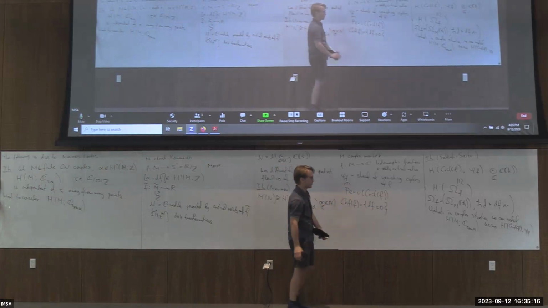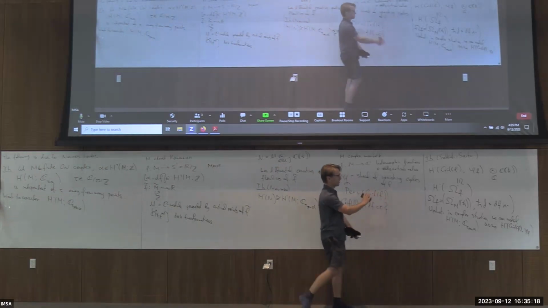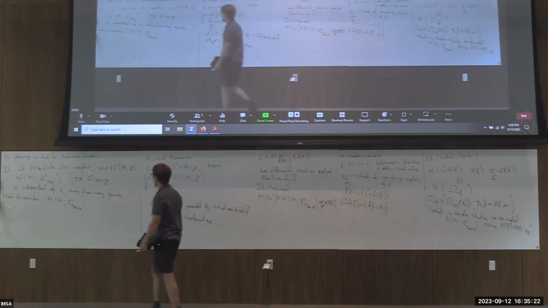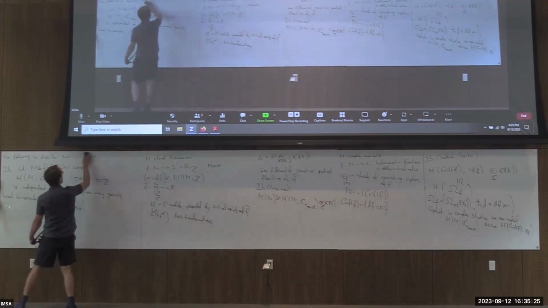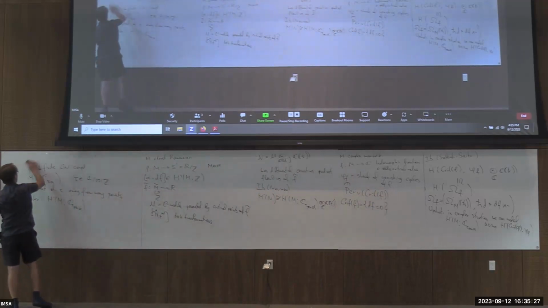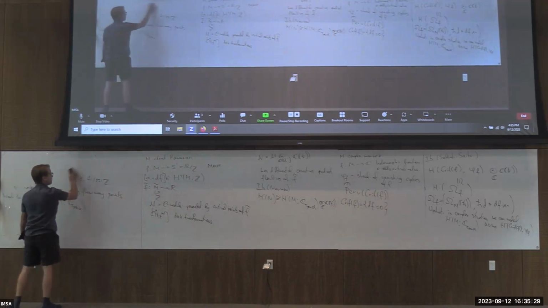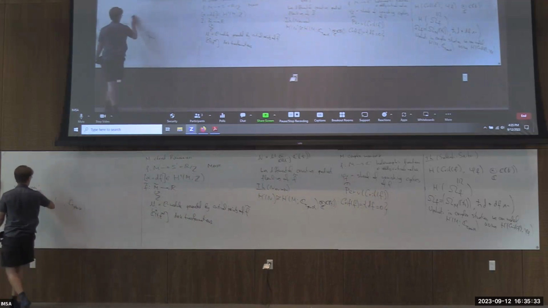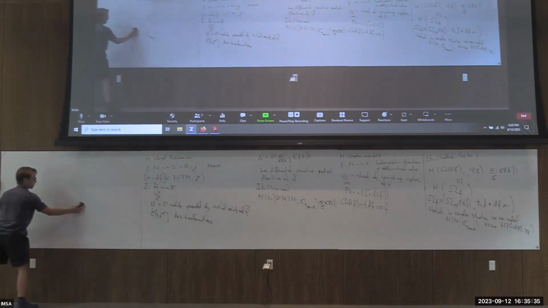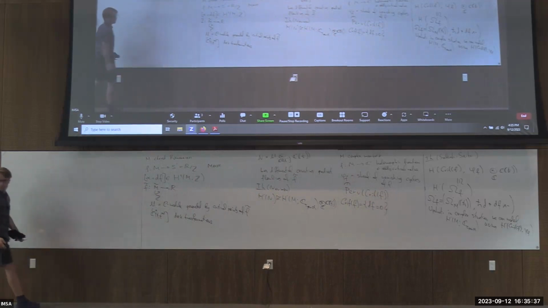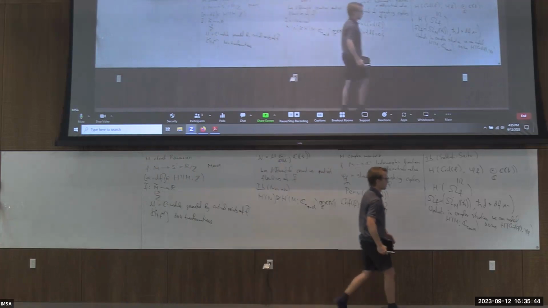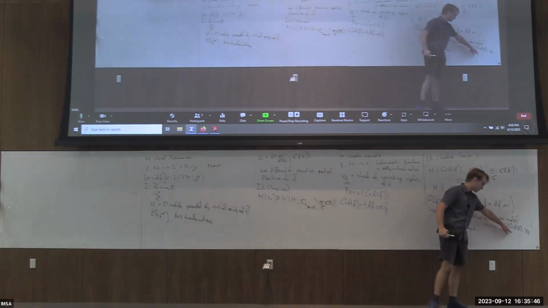So it's not restrictive, it's just to slightly simplify. Okay, so this is essentially what I want to use, this cohomology of vanishing cycles.